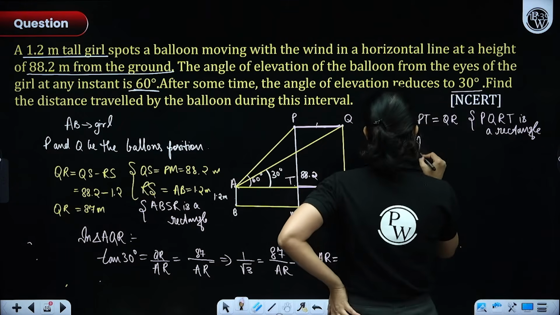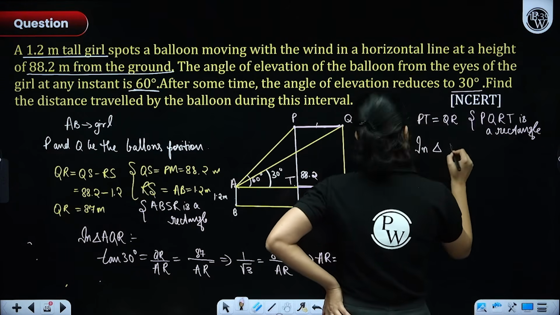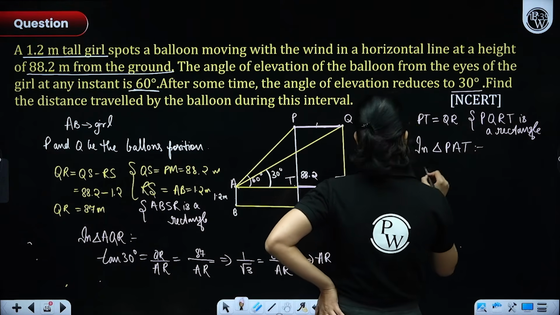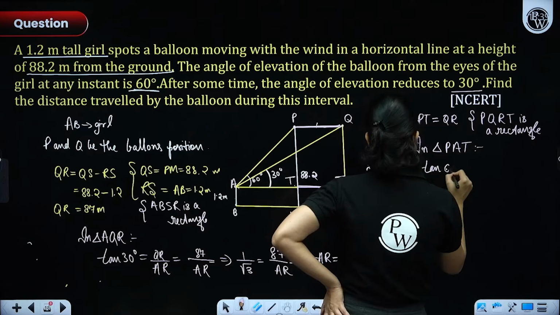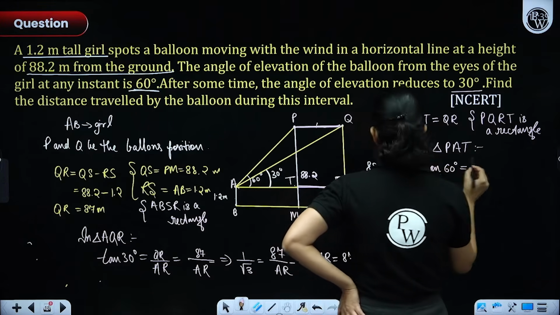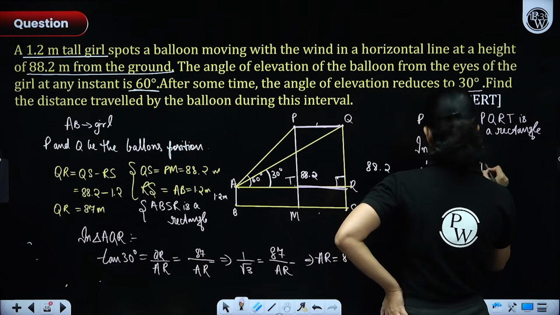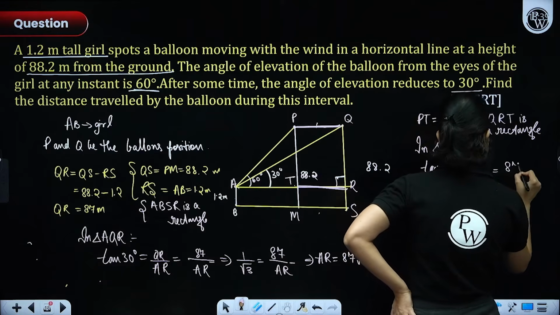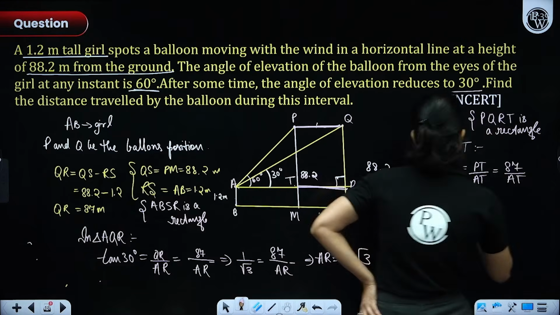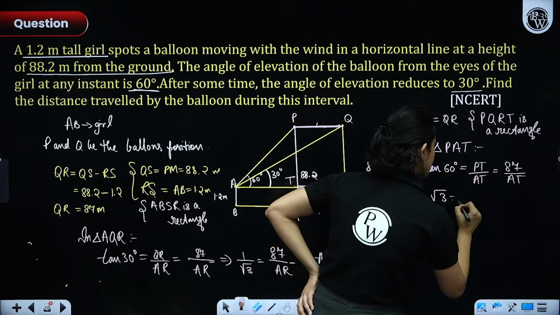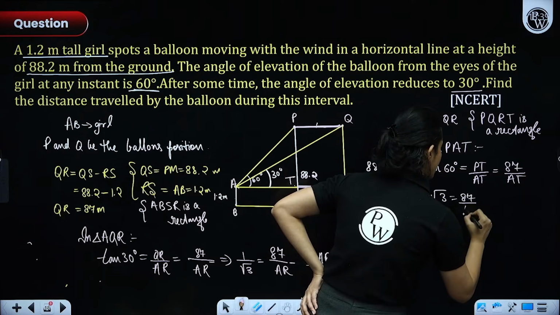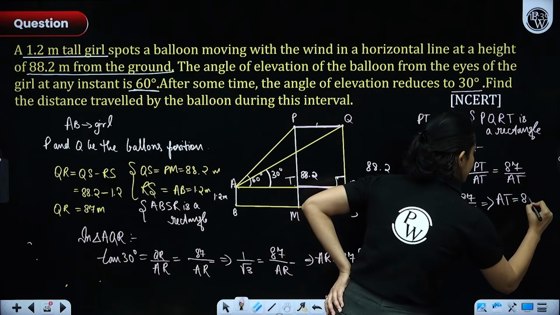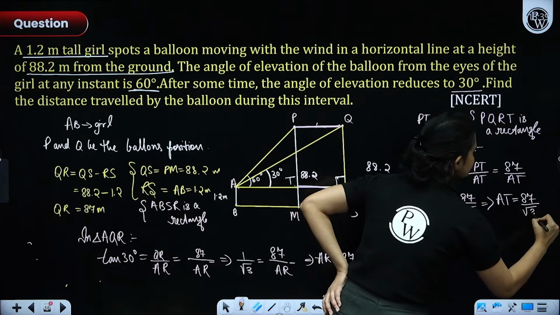Now in triangle PAT, tan 60 degrees is equal to PT over AT. PT we already know is 87, AT we have to figure out. Now tan 60 degrees is root 3, so AT root 3 is equal to 87, and from here AT is equal to 87 over root 3.